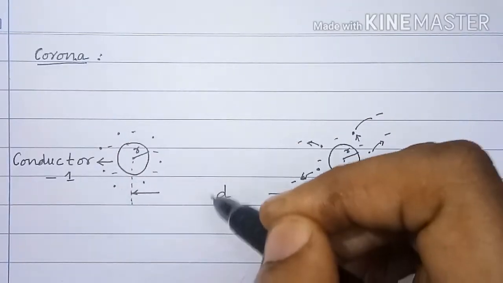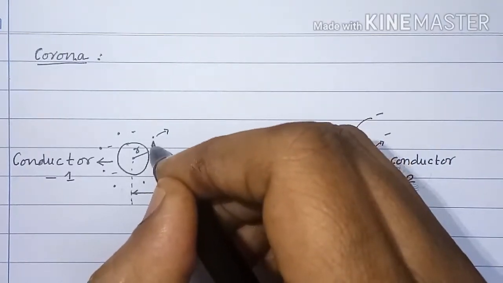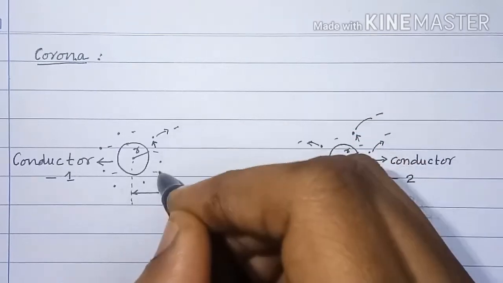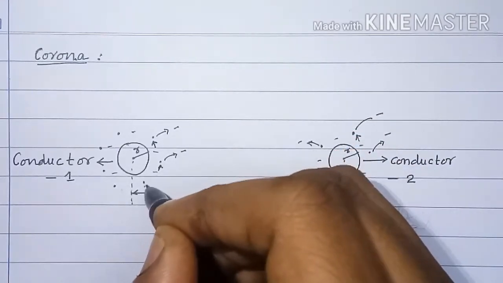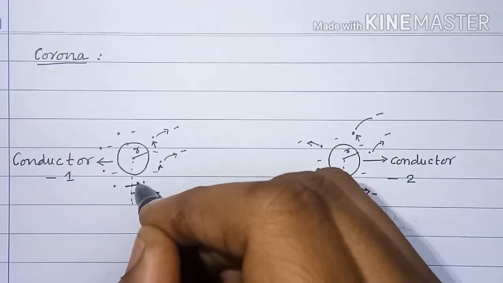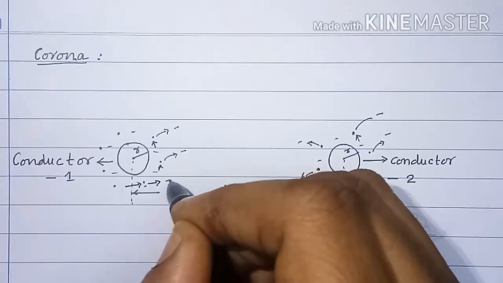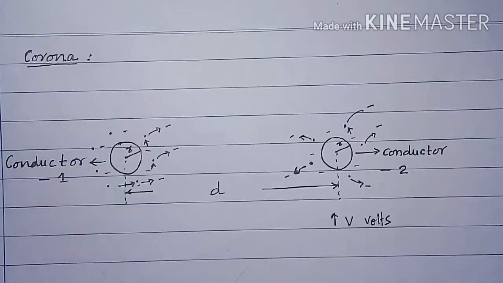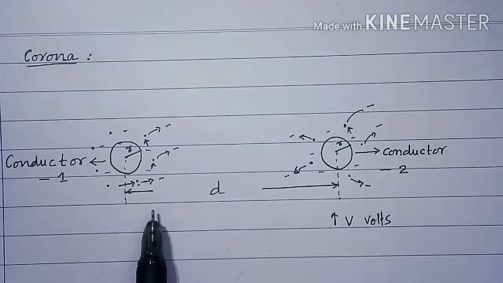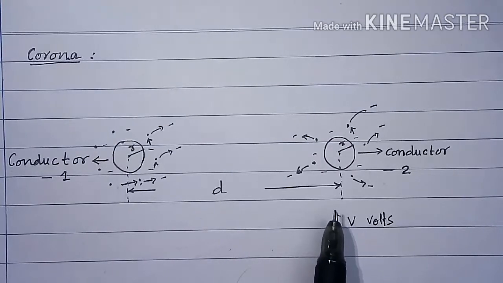Similarly here also. When collision occurs, an electron will be dislodged. This process is known as ionization of air surrounding the conductor.